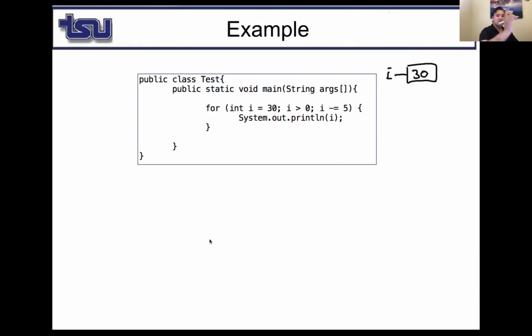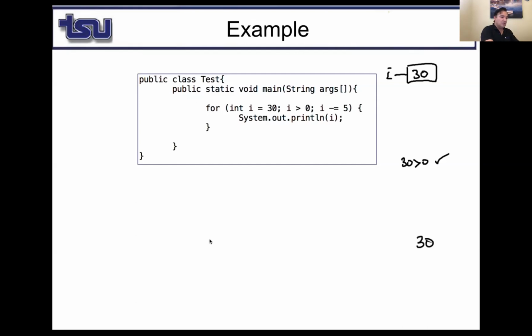Initialization is done only once. Then I check the condition. Condition is I bigger than 0. So the condition is 30 bigger than 0. This is true, right? So I'm going to get inside the for loop and print I. In other words, I'm going to print 30.